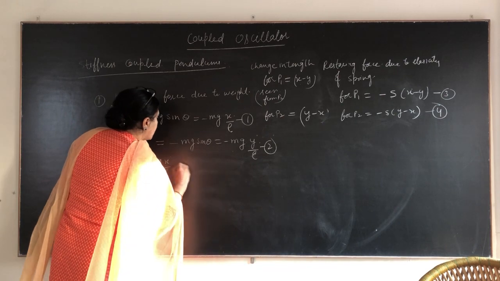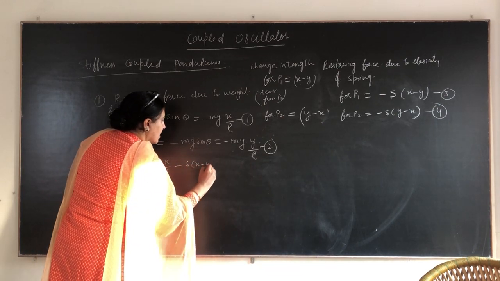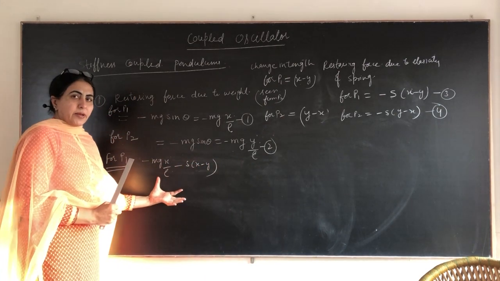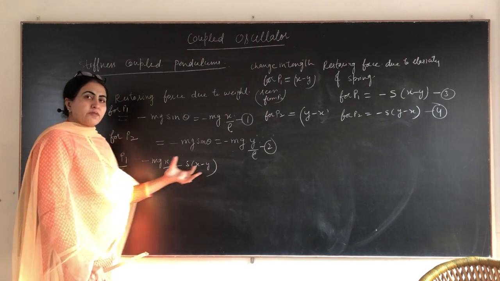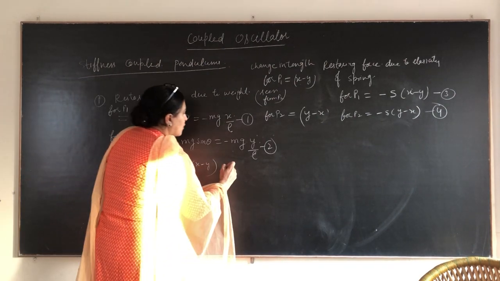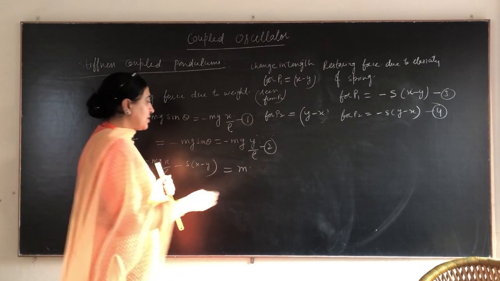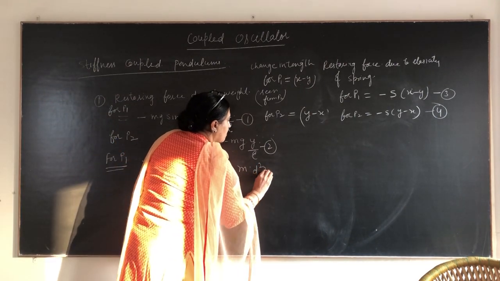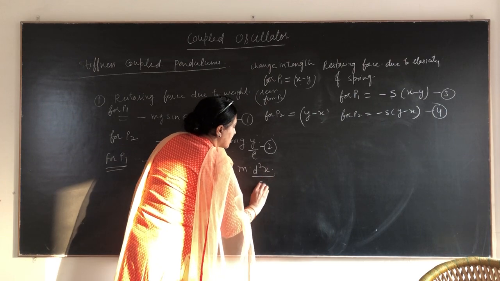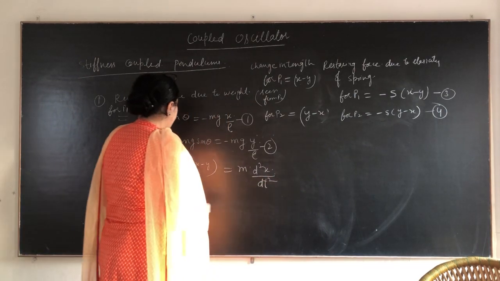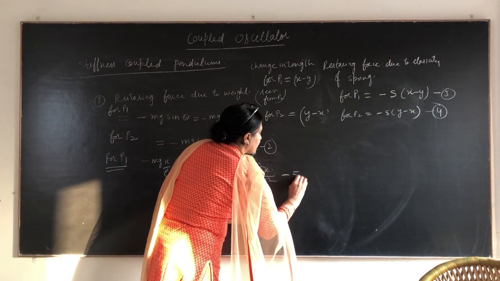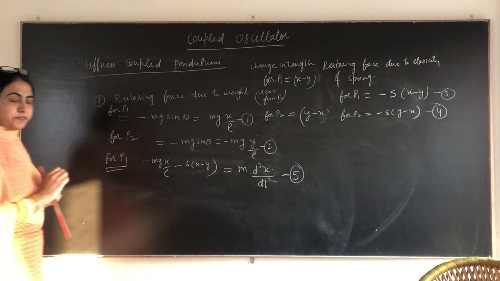So we add both. This is for pendulum P1, and this force will be equal to mass into acceleration, and for pendulum P1 the displacement is x. Take it as equation number 5.